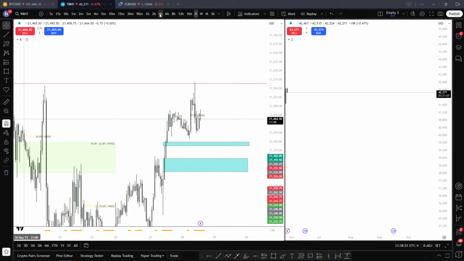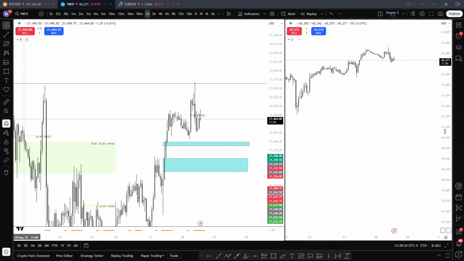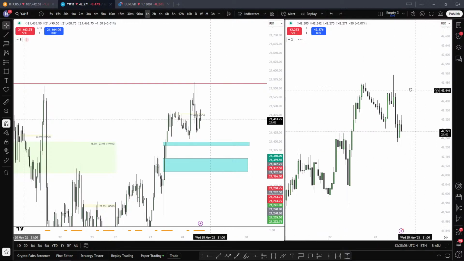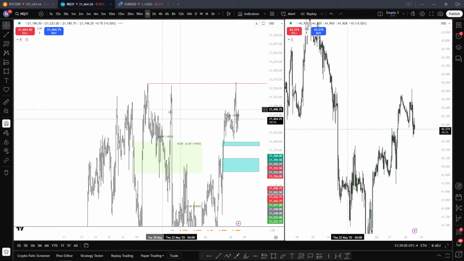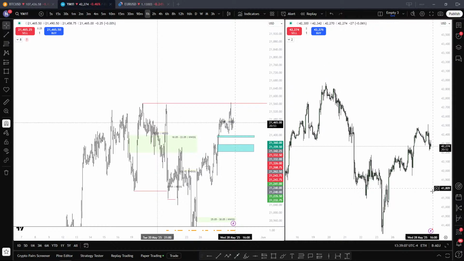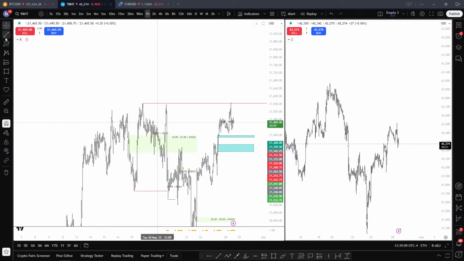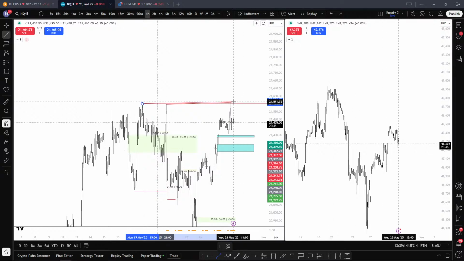If we drop down to our hourly chart on the ES as well, what we'll be able to see is we do have SMT on the lows. Okay, we do have SMT on the lows. However, look at this larger SMT, right? We have a massive one on the highs here. These two highs, okay?